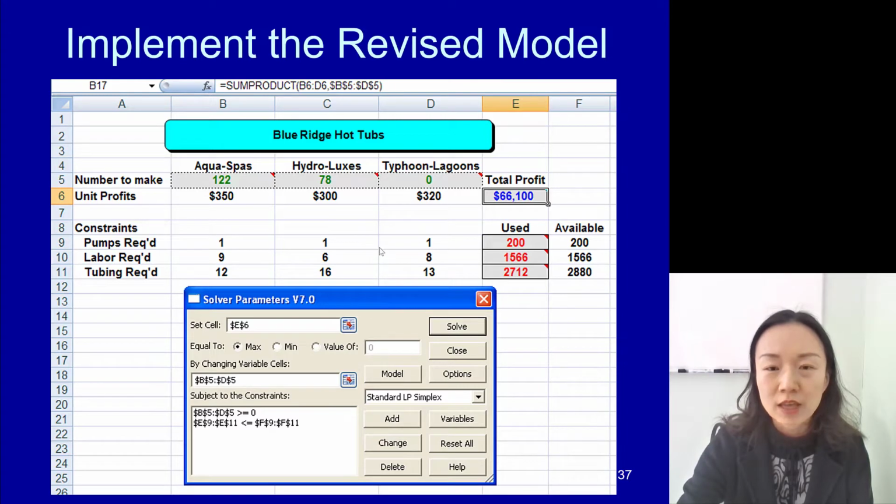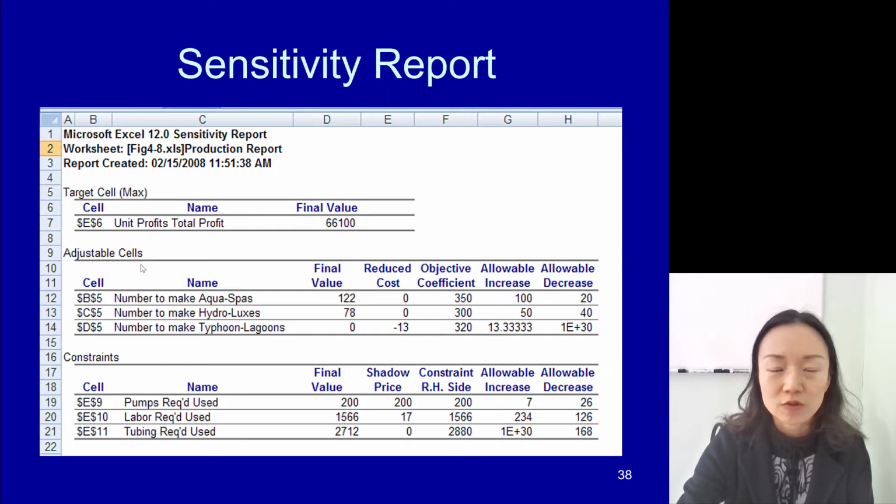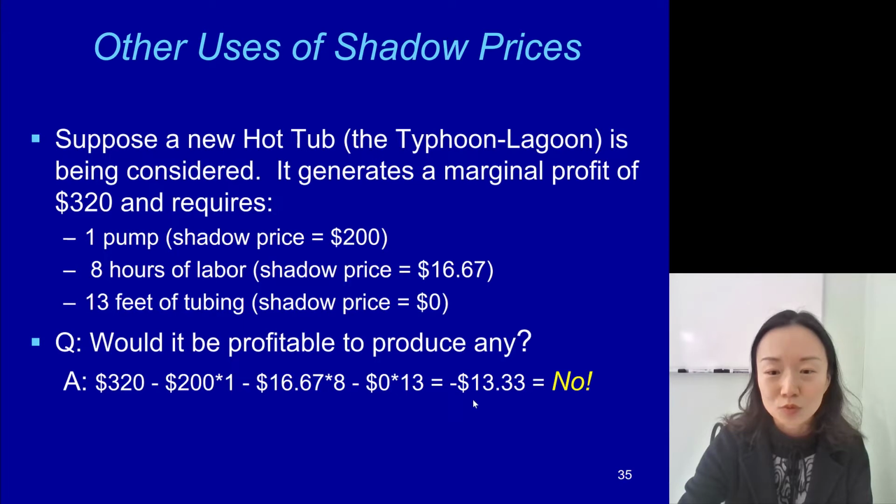And if you look at the sensitivity report from this new model, you will see that here, the column for this Typhoon Lagoon has a reduced cost of negative 13. I reduced the decimal point, but if you increase it, it would be negative 13.33. Exactly the same as what we calculated here, this negative 13.33.